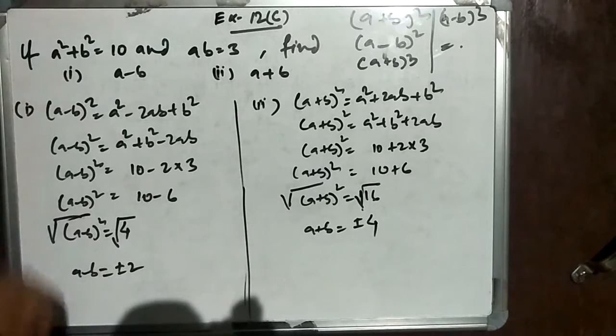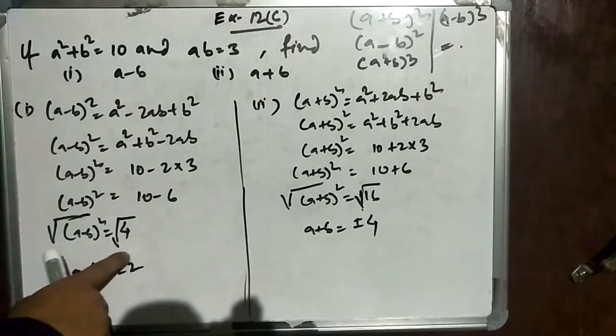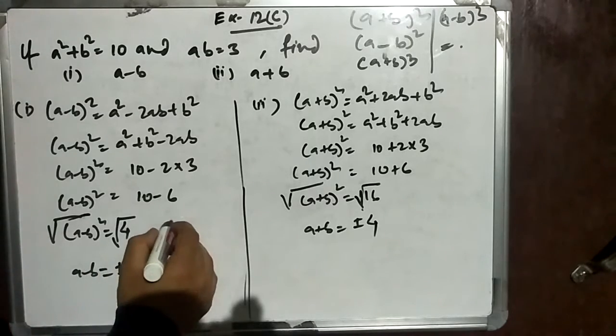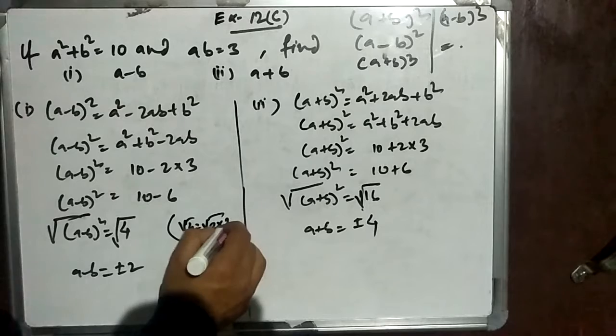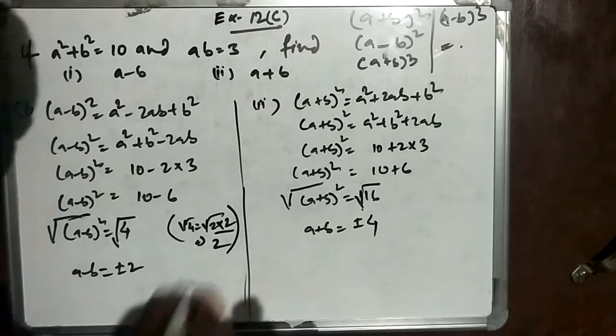Now the changing part is, we can see that (a minus b) whole square equals 4, so root on both sides. Why? Because to remove the square part. As we have here 4, root 4 is equal to root 2 into 2. The pairing of the same number will convert into a single one in the process of root.